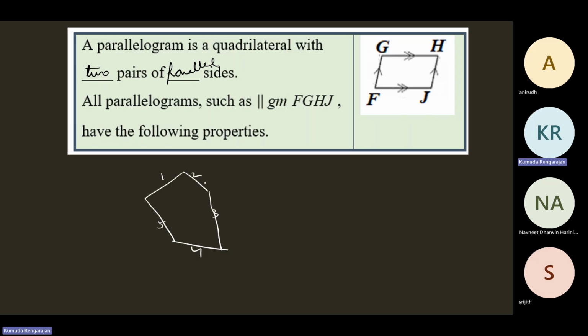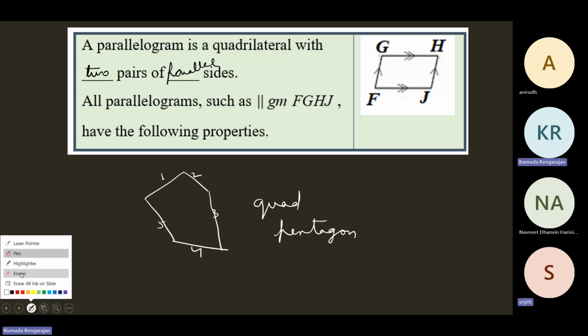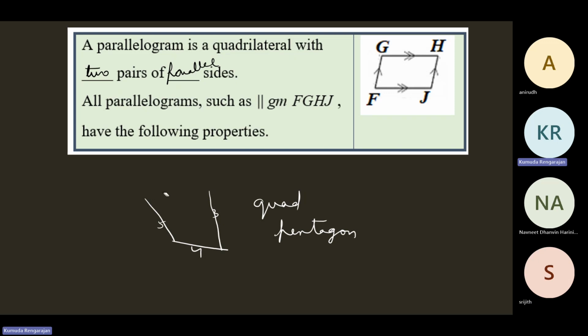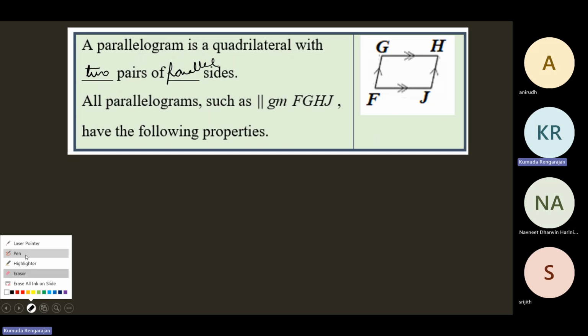So this polygon has 5 sides, so it is not a quadrilateral. It is a pentagon. If the polygon has 4 sides, it's a quadrilateral. So a parallelogram is a quadrilateral because it has 4 sides, with 2 pairs of parallel sides.